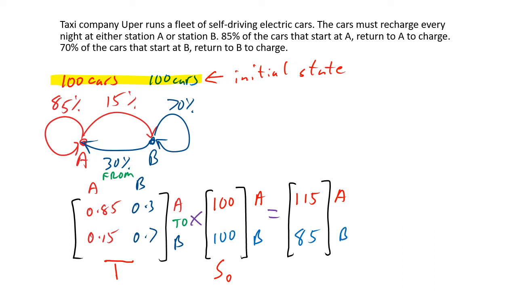Now, this one is the next one. It says S1. Now, remember we said that this is from or to. We also said it could be thought of as today and tomorrow. Tomorrow is represented by the transition matrix.